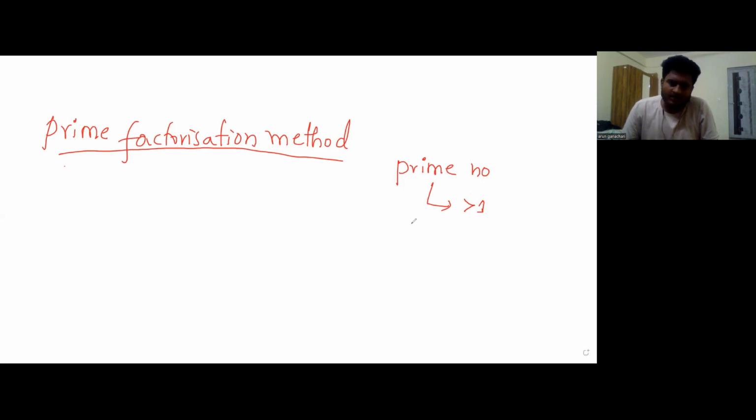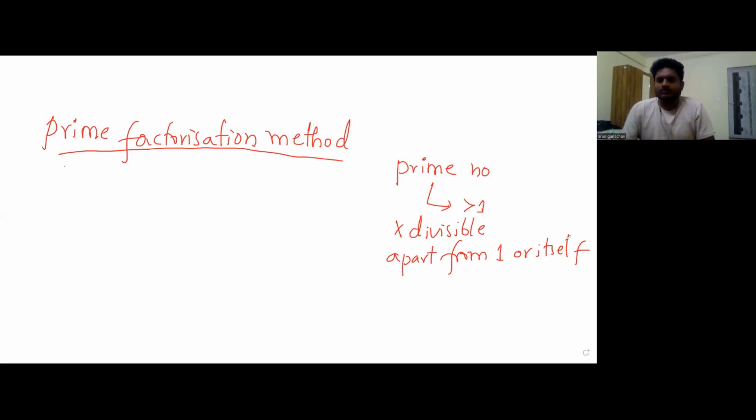In simple words, you can write in the margin: a prime number is a number which is not divisible by any other number apart from one or itself.